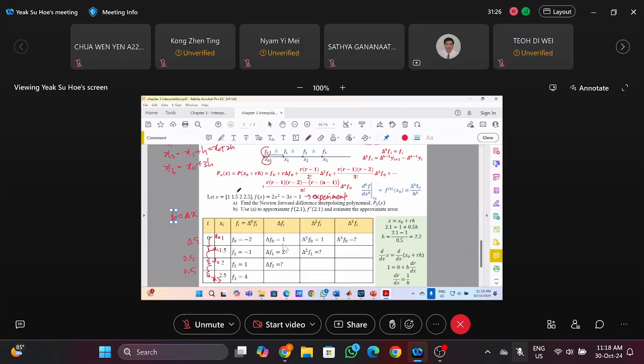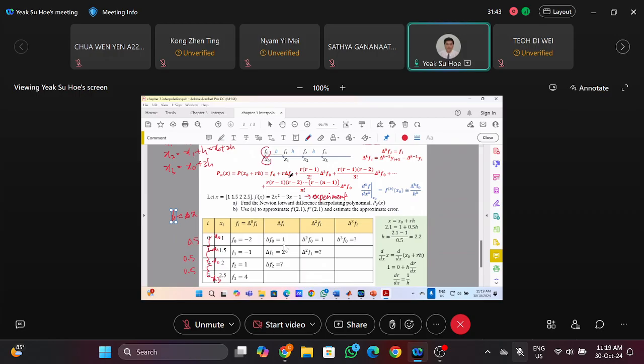Now, for Newton forward difference, this is the formula. The polynomial can be represented by f0, the initial data, then delta f0, delta squared f0, delta cubed f0.